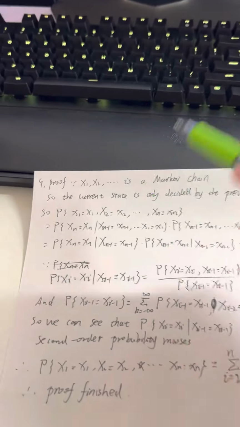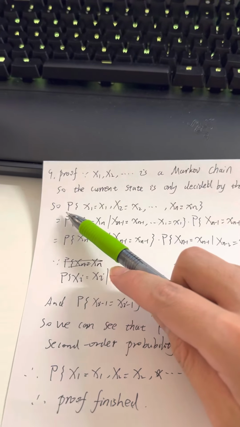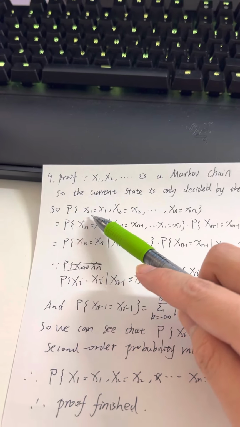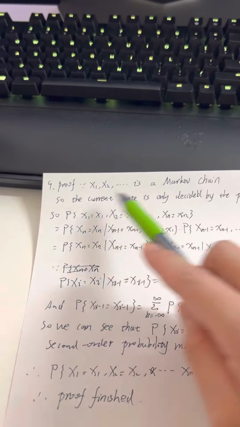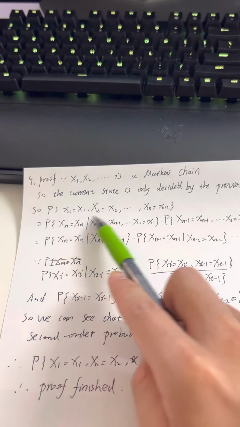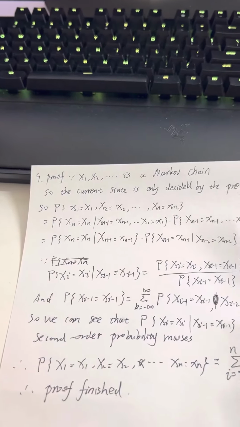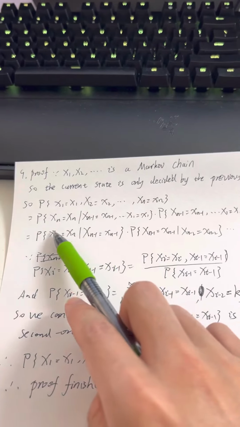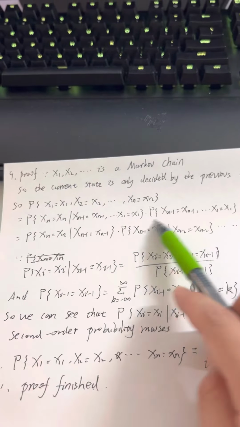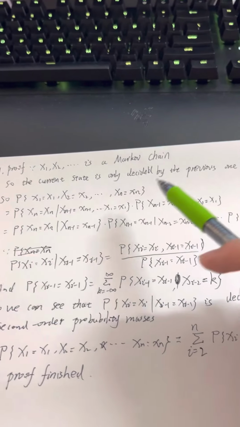Firstly, we can write the joint probability of X1 to Xn, and we can use conditional probability to write it in this way. It is a very easy formulation.